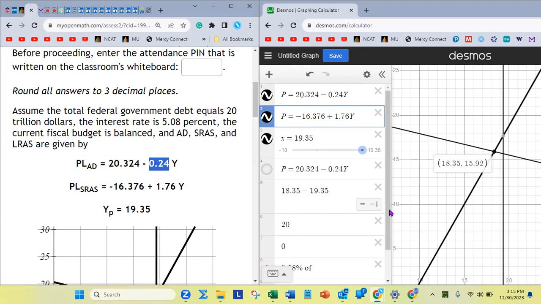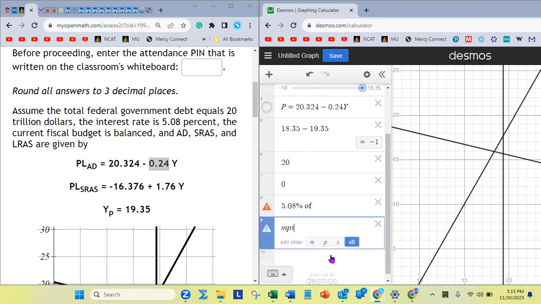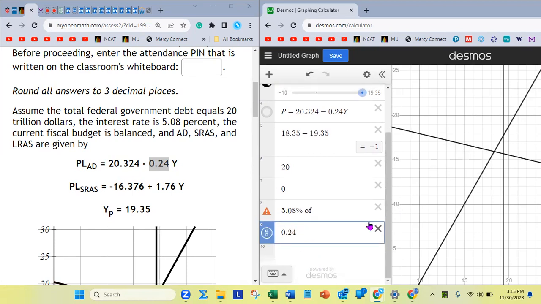So if the marginal propensity to save equals 0.24 in my model, that's the absolute value of the slope of aggregate demand. The marginal propensity to consume is 1 minus that, so my marginal propensity to consume is 0.76.